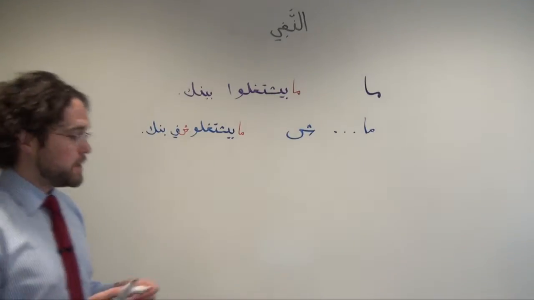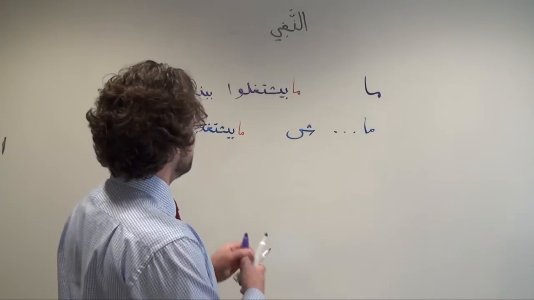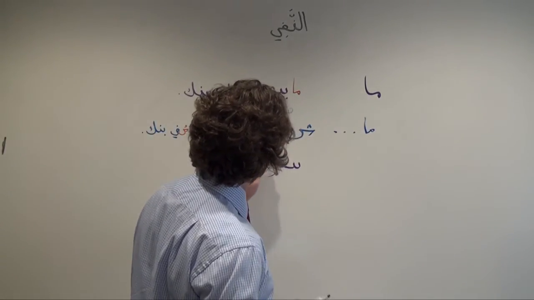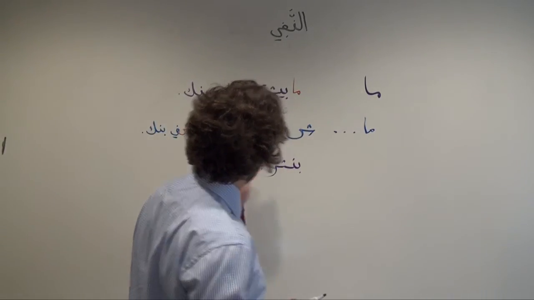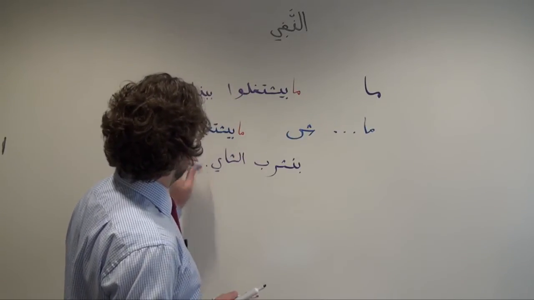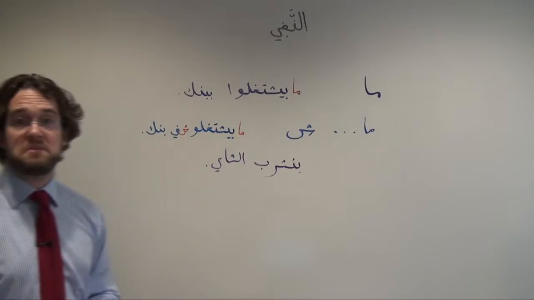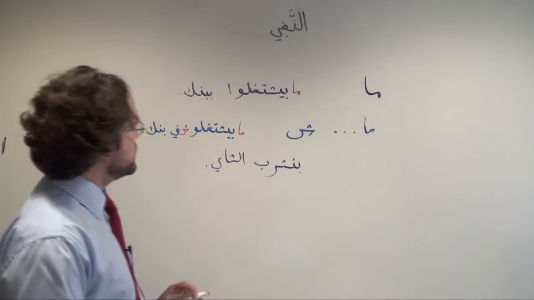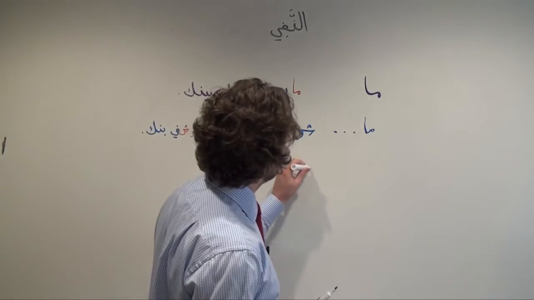Another example, we drink tea. Why not? بنشرب الشاي. Same thing in Egyptian and in Levantine, right? So in Levantine, all I would need to do is say ما بنشرب الشاي.